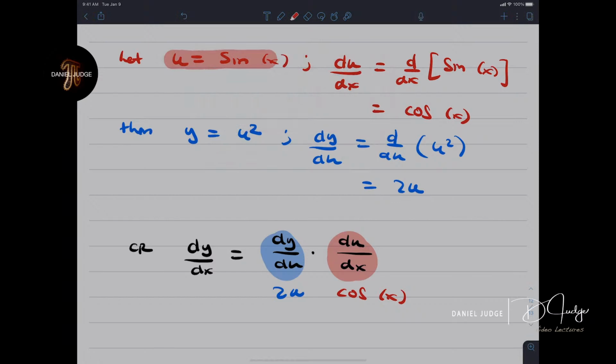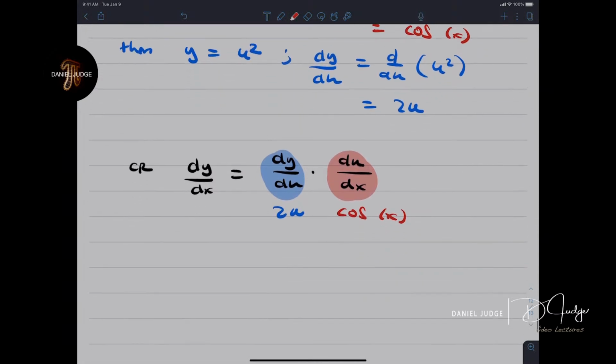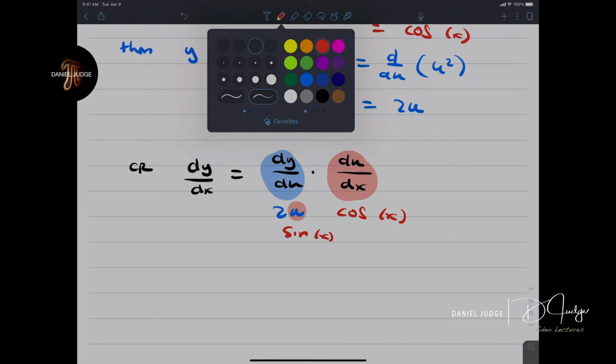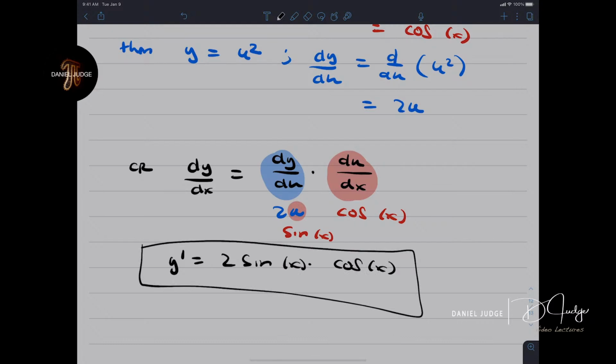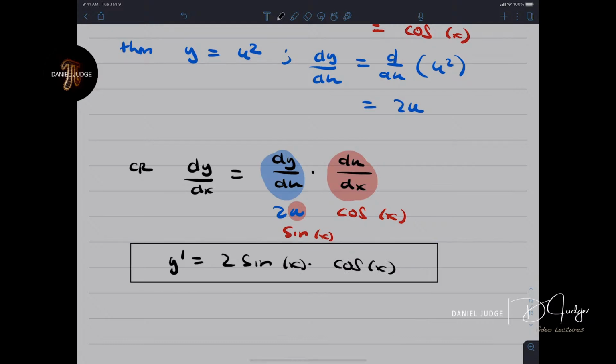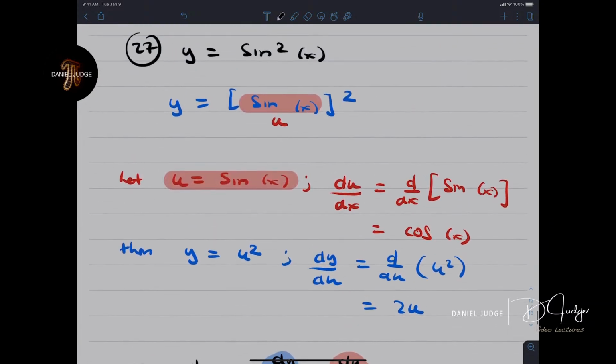But we know u here is sine x. So this is my u. Replace u with sine x. Y prime becomes 2 sine x times cosine x, ladies and gentlemen. And there you go. This is 27.